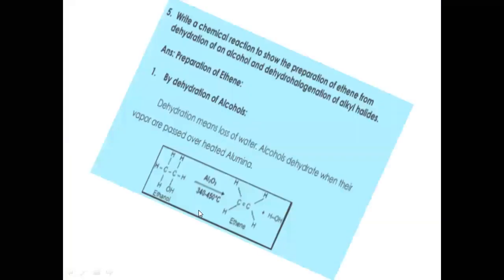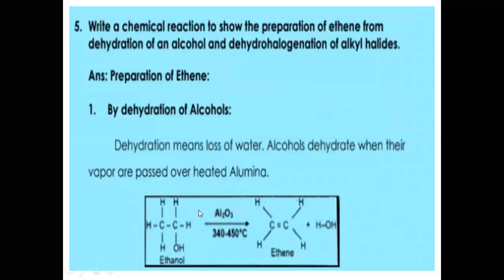Now, the next question, number 5, is: write a chemical reaction to show the preparation of ethene from dehydration of an alcohol and dehydrohalogenation of alkyl halides. So preparation of ethene by dehydration of alcohol.